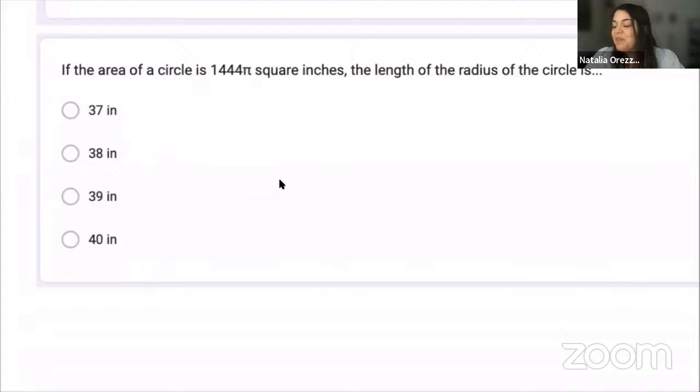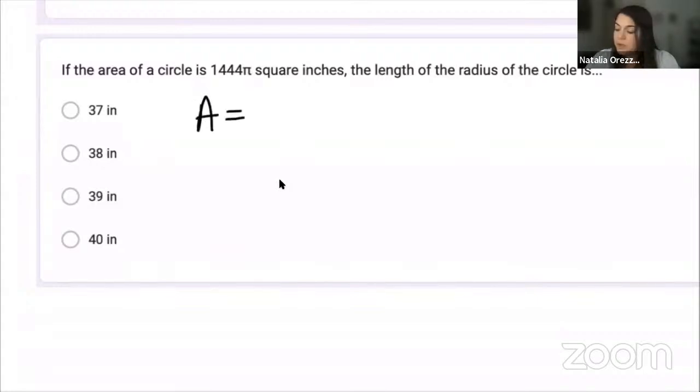Okay, so this next question says, if the area of a circle is 1,444 pi square inches, the length of the radius of the circle is... First things first, this is one of the equations that we need to memorize for the ASVAB: the area of a circle.